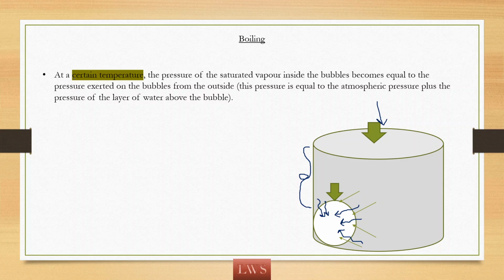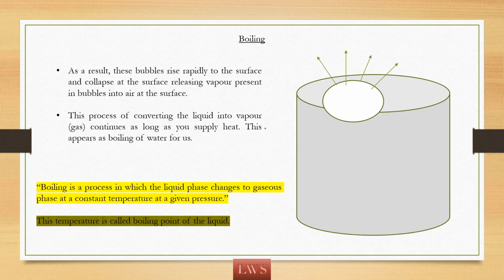And at a certain temperature, what happens? At one particular time, the pressure inside the bubble equals the pressure outside the bubble, which is nothing but the atmospheric pressure plus the pressure of the water layer above the bubble. Then what happens?